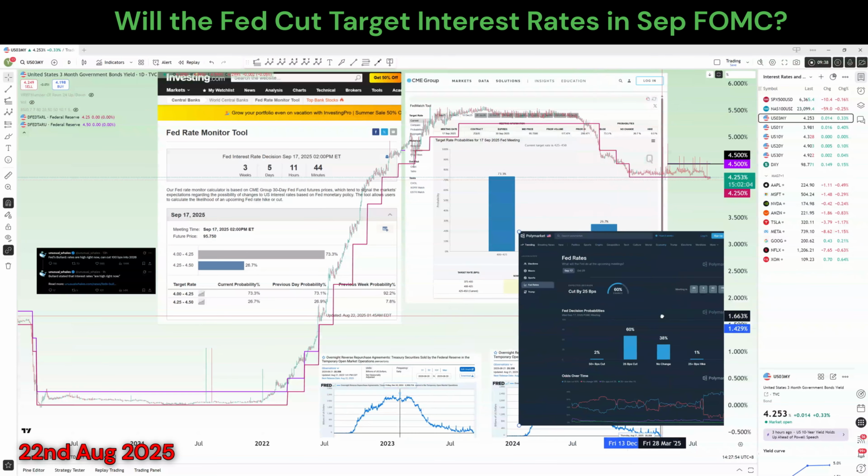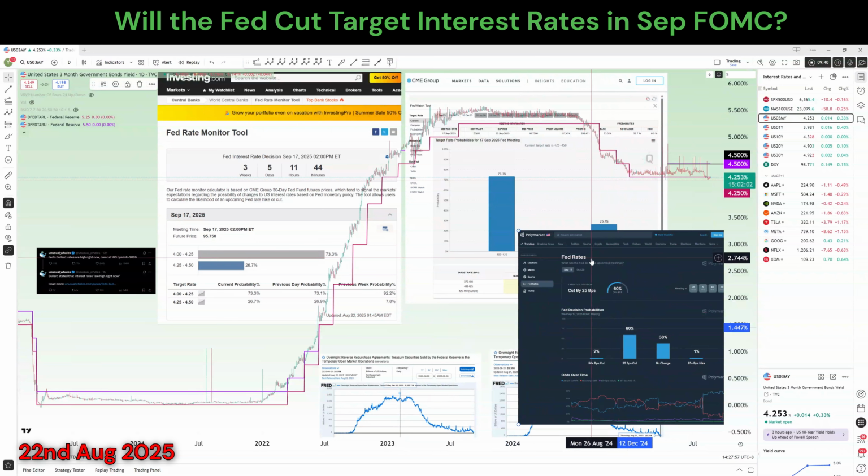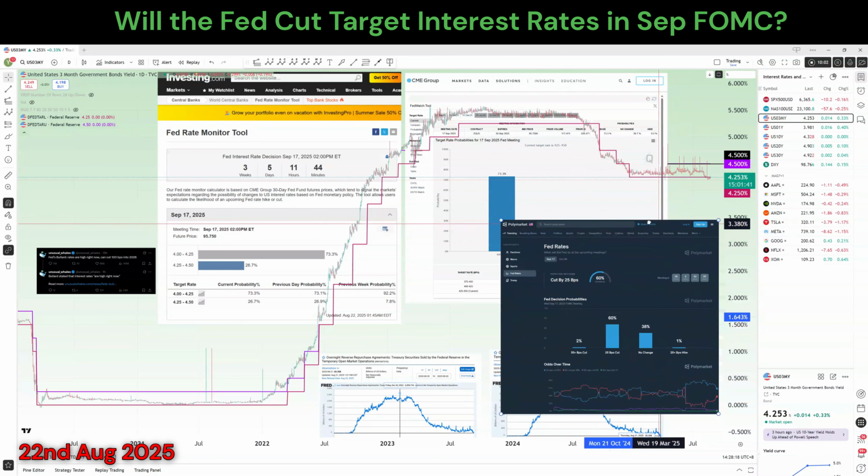Okay, so this all shows that actually the 25 basis point cut ranges from about 60 to about 73.3%. Okay, so it's not certain, and the no change itself is also almost 38%, at least from Polymarket.